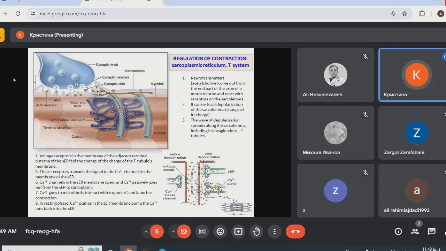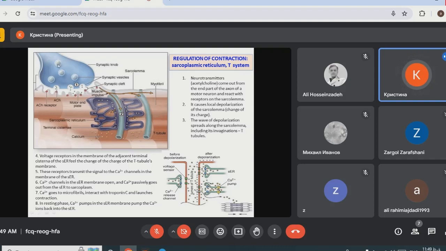If we want to contract our muscles in our arm or leg, for example, it means that we will have here the contact between the end of the process of a neuron cell, this is the axon of a neuron, and the muscle fiber. So this is the area of their attachment, of their contact, which is called the motor plate.